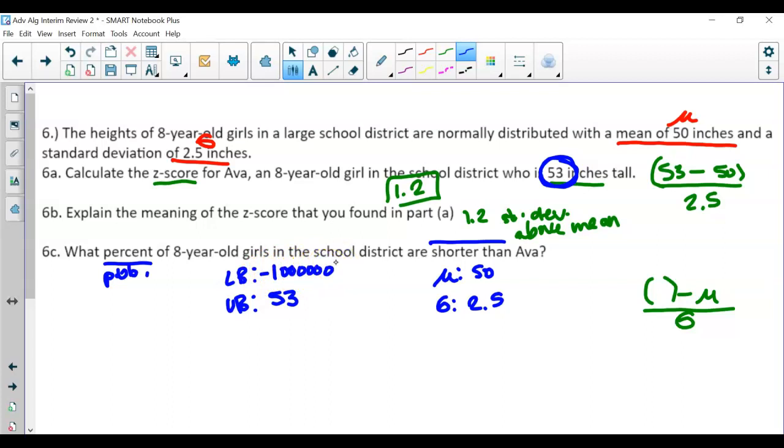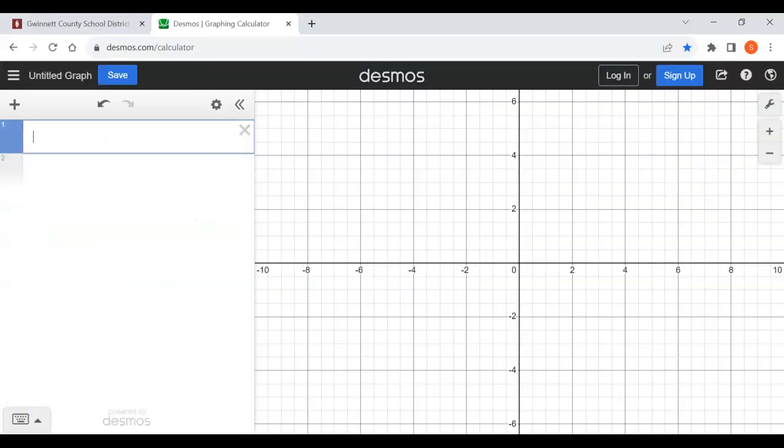Now, we have been focusing on the use of the graphing calculator with second VARS. But now just to show you how to put this in the Desmos graphing calculator. So remember here now, we're going to go to Desmos. You're going to type normal, because this is a normal distribution. D-I-S-T.